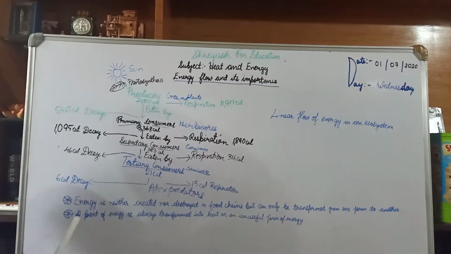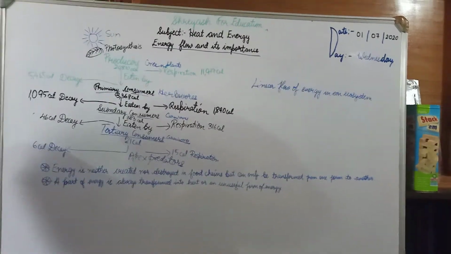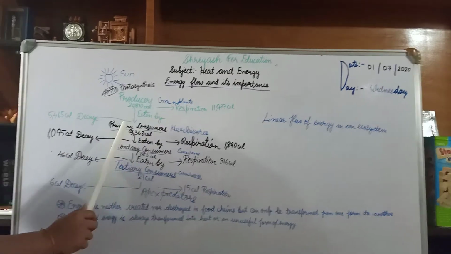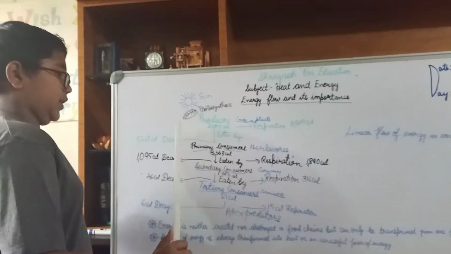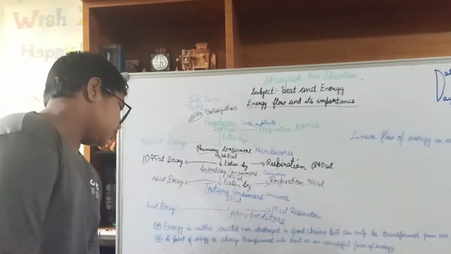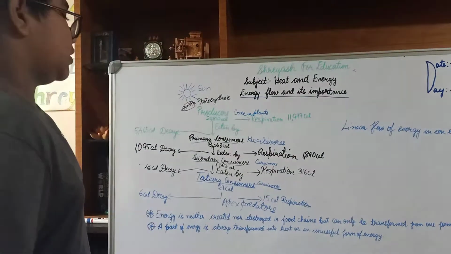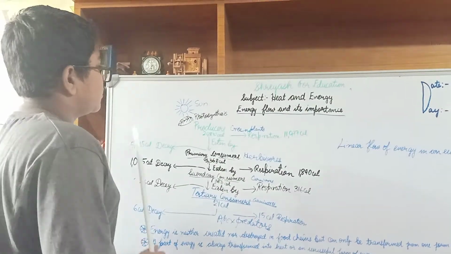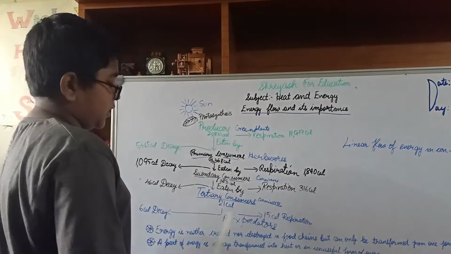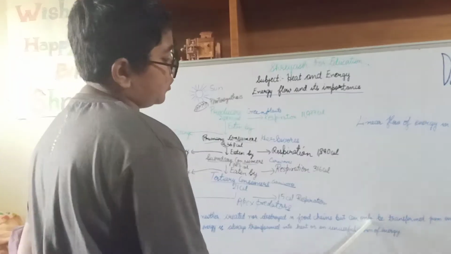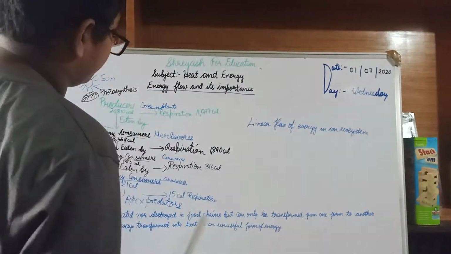That means the energy produced by the producers and passed on to the primary consumers, secondary consumers and tertiary consumers is neither created nor destroyed in food chains, but can only be transformed from one form to another.